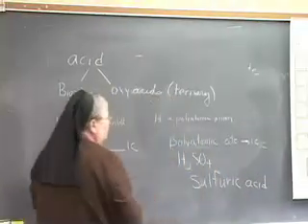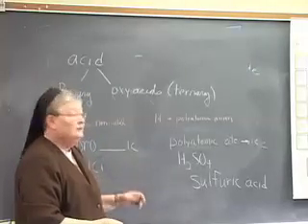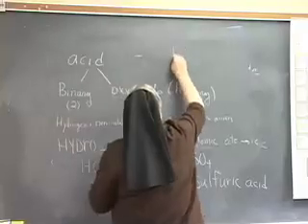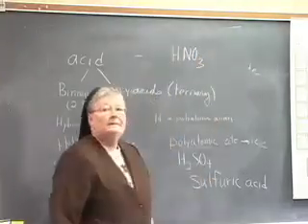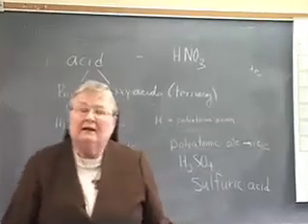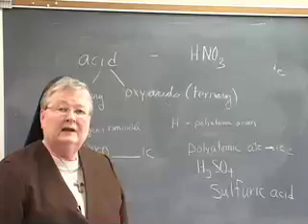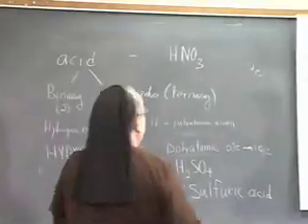So when there's oxygen present generally, or an oxyacid, you do not have the word hydro at the beginning. A final, easier one probably would be, can you name this acid? Well, basically, it's an oxyacid. And you know that NO3 minus is nitrate, so this is nitric acid. Let me write that down.